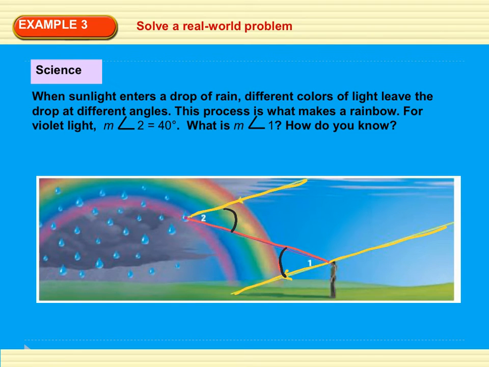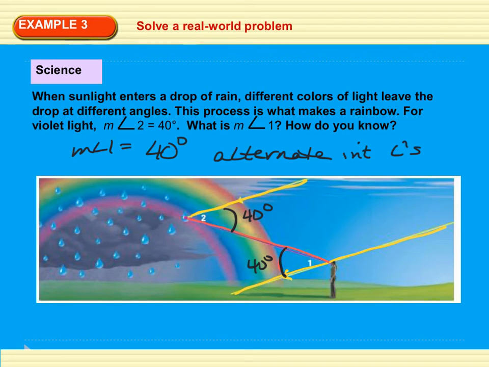Based off of that, I could see that angle 1 and angle 2 are alternate interior angles, and I know that alternate interior angles are congruent. So if angle 2 is 40 degrees, so is angle 1. These are alternate interior angles, and each of them is 40 degrees. So the measure of angle 1 equals 40.